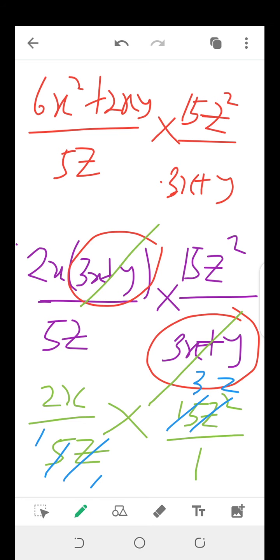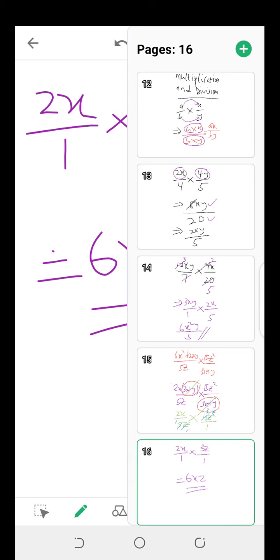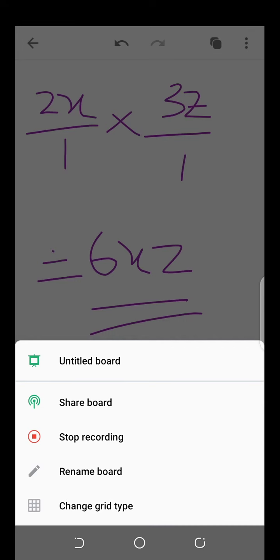All right, so now our expression has been changed to 2x over 1 times 3z over 1, and then when we express it, we get this as our final answer. Thank you.